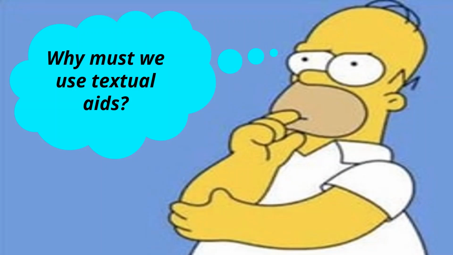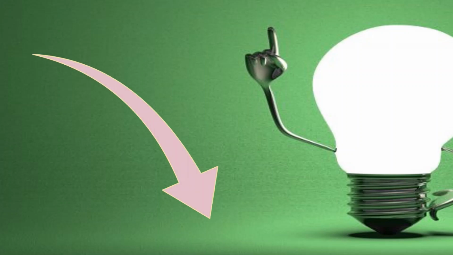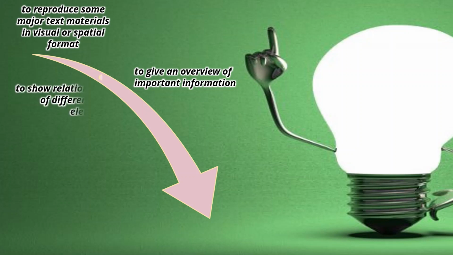Then, why must we use textual aids? Here are 6 reasons why we should use textual aids. First, textual aids will reproduce some major text materials in visual or spatial format. Second, it will also give an overview of important information.